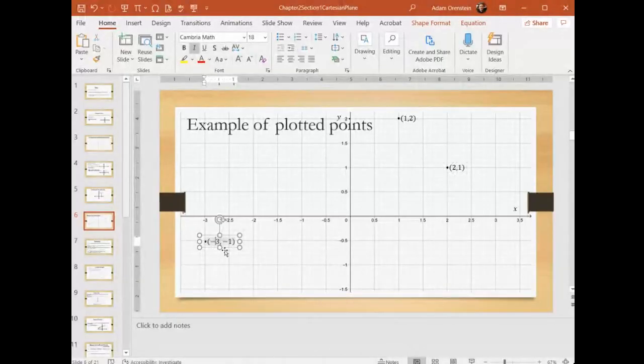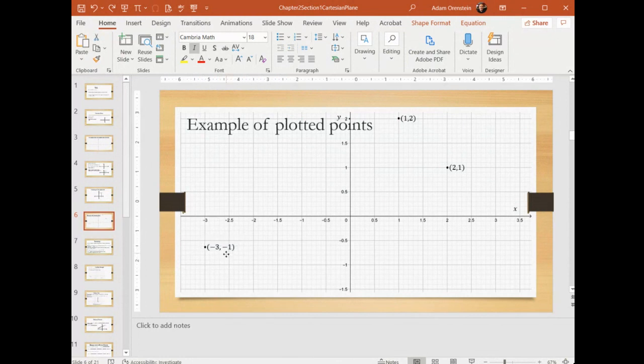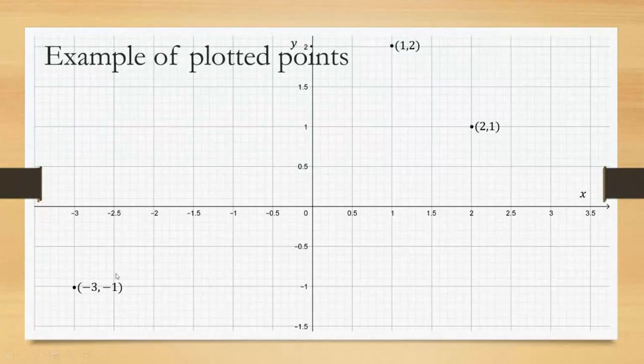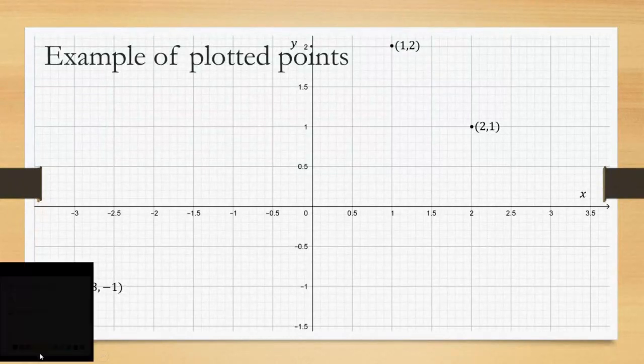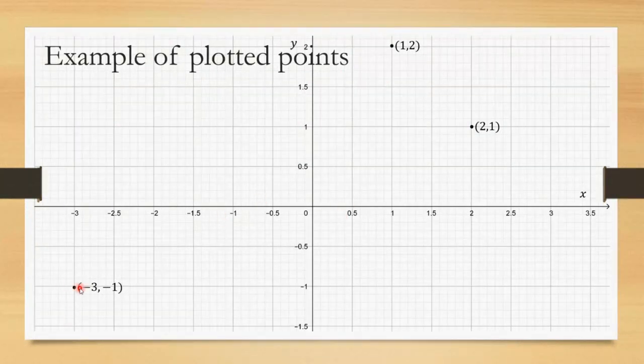Okay, good. And now what about this point that I'm moving now? For this point, -3, -1, they were in the wrong spot, but I just quickly moved them. Sorry about that. For -3, -1, we're going to locate -3 on the x-axis.